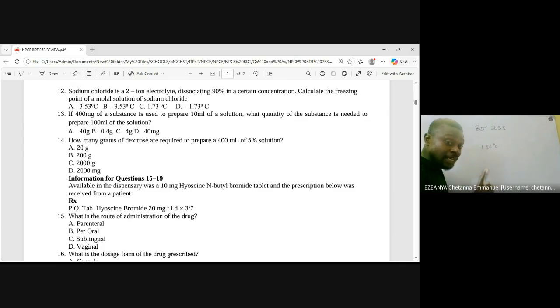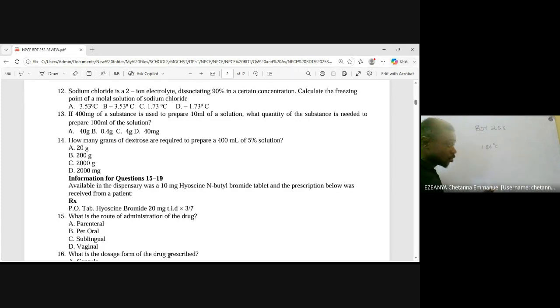Different substances cannot have the same molar solution concentration, because their molar masses differ.